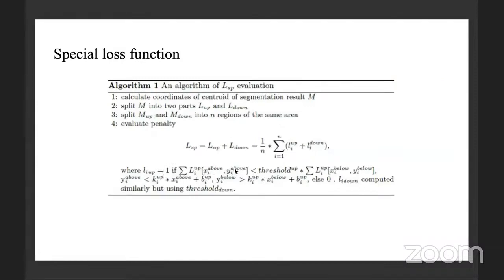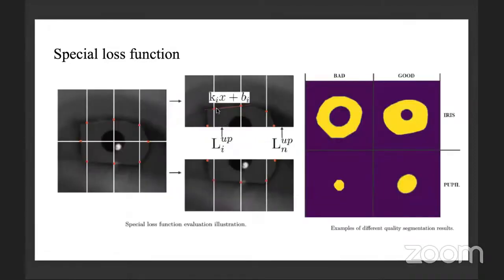We find several regions where, if we're talking about the upper part, there is area above this line. If we look at the image, you can see that in the bad example there is nothing above the line.